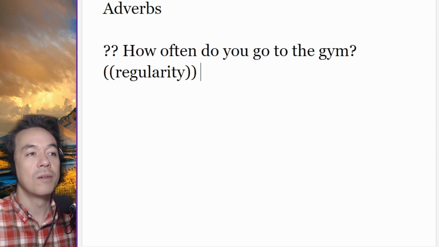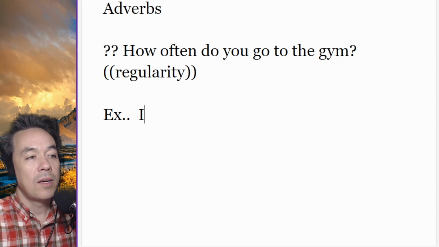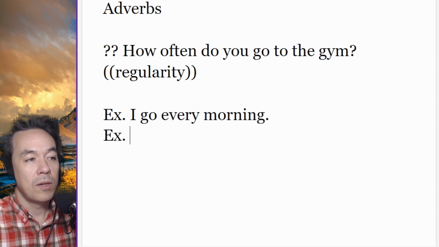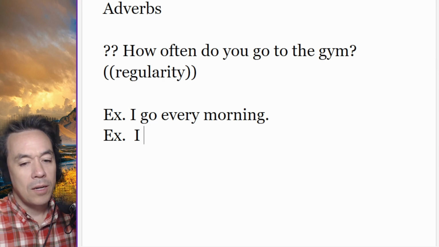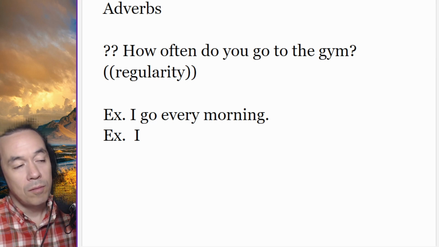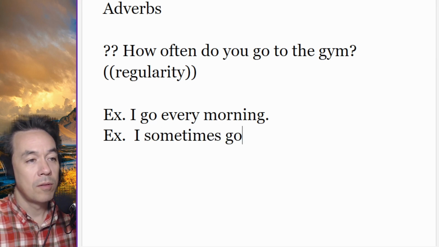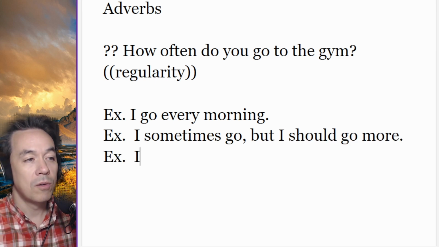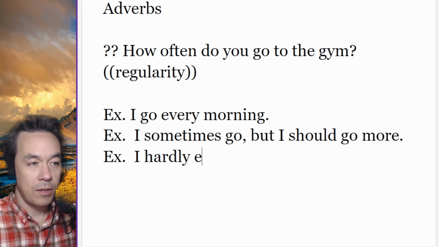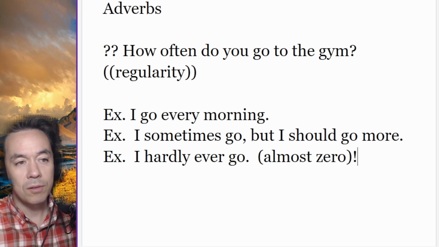That's a new word there. The answer might be: I go every morning. Or I sometimes go, but I should go more. Or I hardly ever go, which means almost zero.